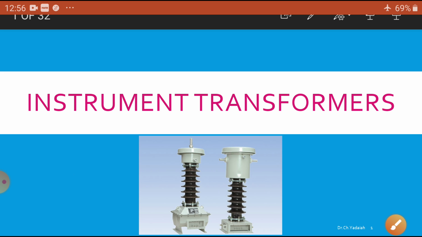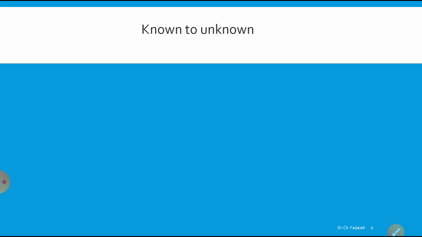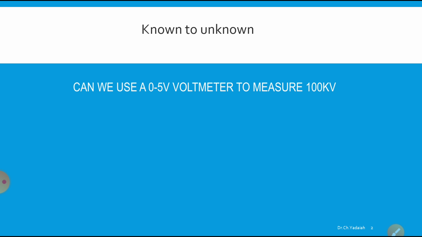Before that, I want to ask a few questions based on your previous knowledge. Can we use a 0 to 5 volts small voltmeter to measure 100 kilovolts? Yes or no? What is your answer?